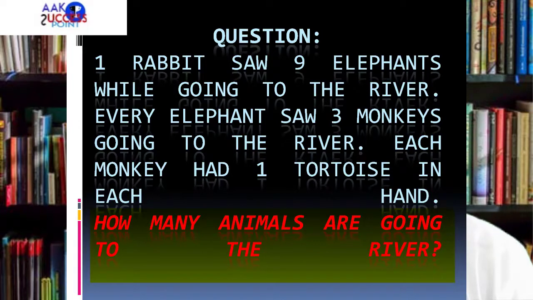What's the answer? One to 10. Okay, that's the hint, that's the clue, that its answer is between 1 to 10.